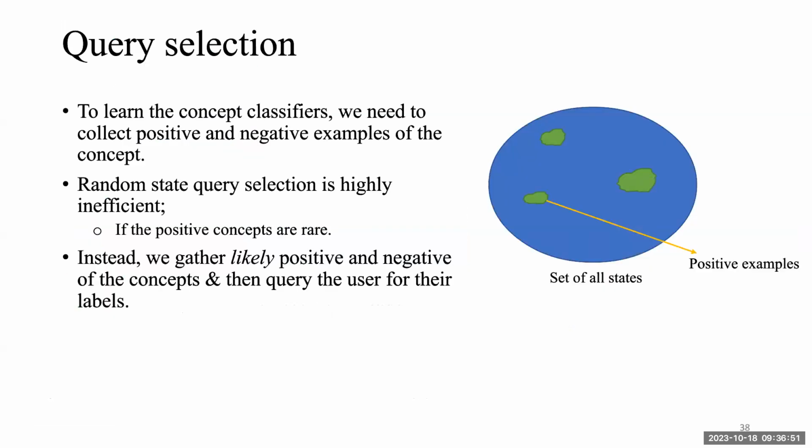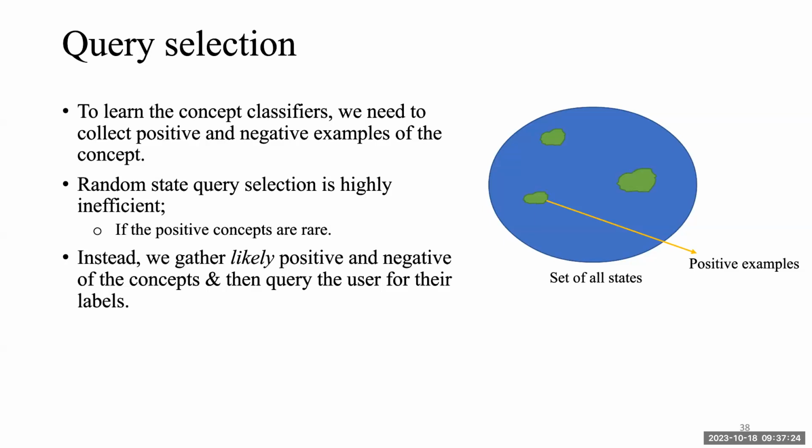So, what is the actual problem here? To learn the concept classifiers, what we need is positive and negative examples of the concept from the user. What we could potentially do is randomly select states from the state space, query them for the user, and ask for their label. But the scenario we are specifically looking at in this component is where the positive examples, these green patches, are very rare in the state space.